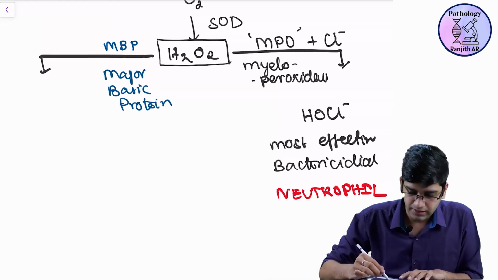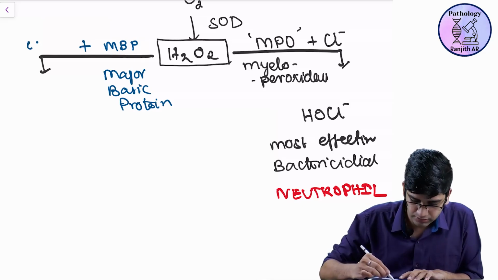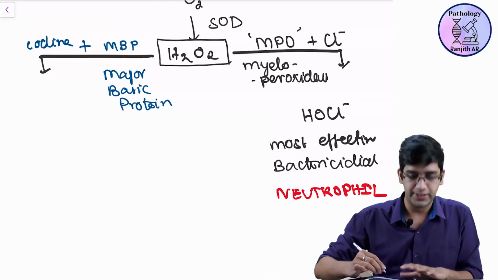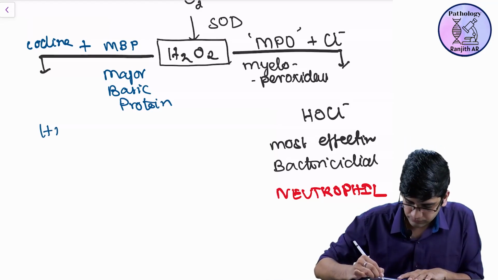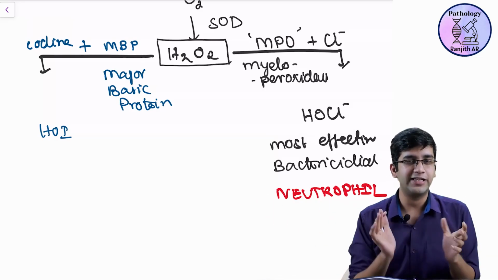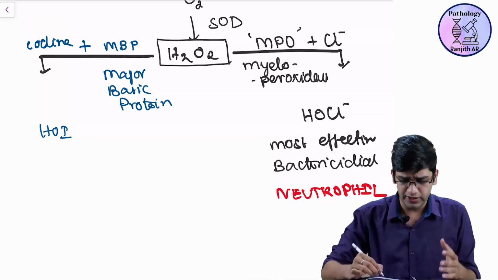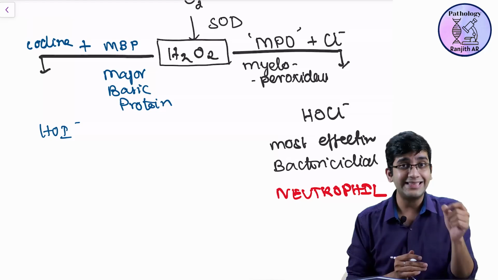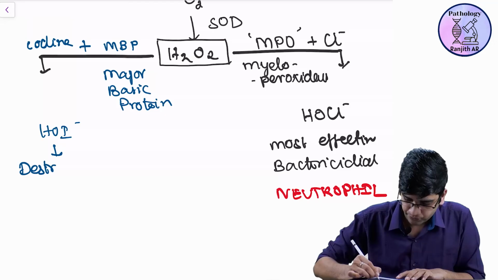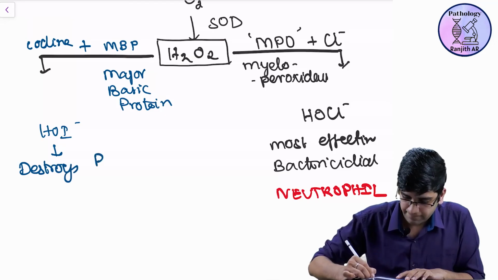It's going to combine with iodine and form hypoiodide, I think it's HOI. If my formula is wrong, ignore it. It's going to form hypoiodide anion. This is going to destroy the parasites.